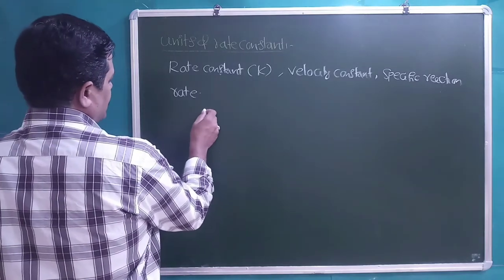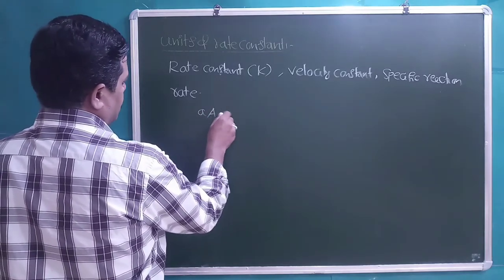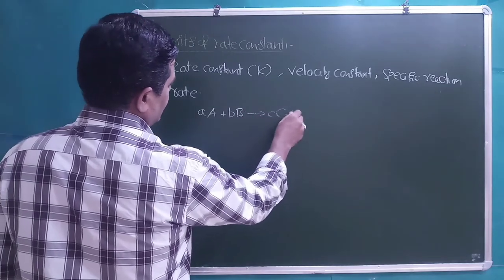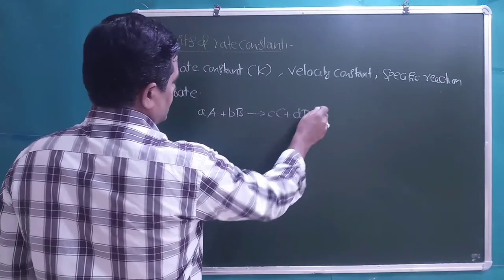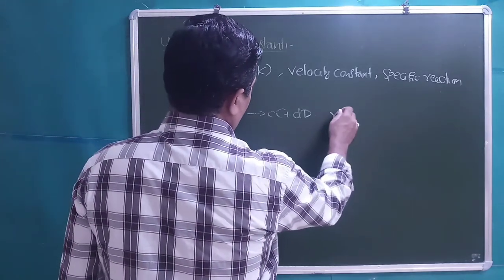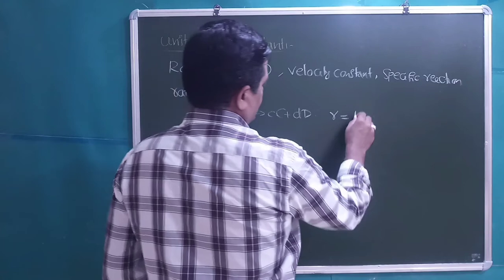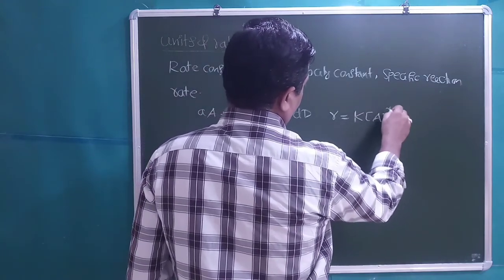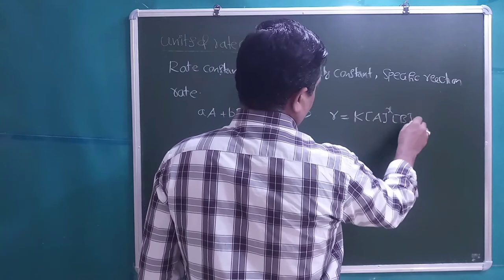Let us take a hypothetical reaction: A plus B gives rise to C plus D. Students, let us assume that the rate of the reaction R is equal to rate constant K into a power x and b power y.